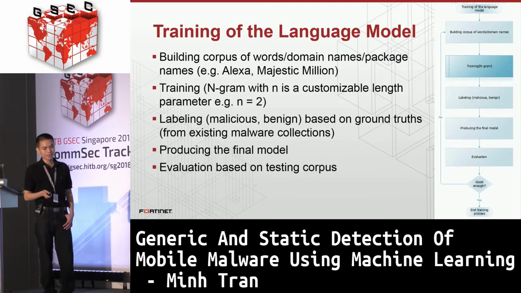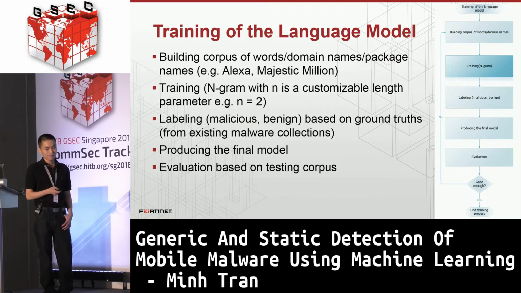So you need to find the data sources to train your model, and then the model will tell you the truth. At that point, it becomes kind of an oracle that you can just feed the data, and then it will spit out the label for you. In this research, we found that we can use Alexa and Majestic Million, which have a big corpus of words, as an approximation for the reality of benign words and applications.